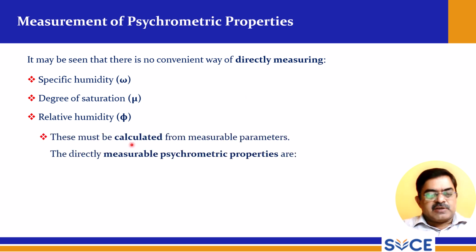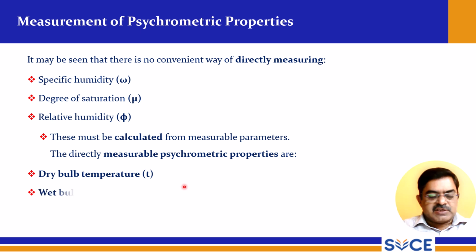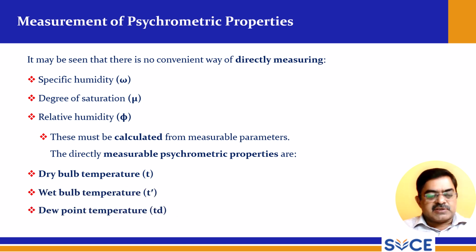So these must be calculated from measurable parameters. There is no direct measurement. The directly measurable psychrometric properties are dry bulb temperature T, wet bulb temperature T dash, and dew point temperature TD.